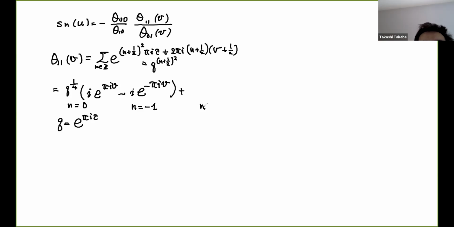And when n is equal to 1, then here comes something like this.